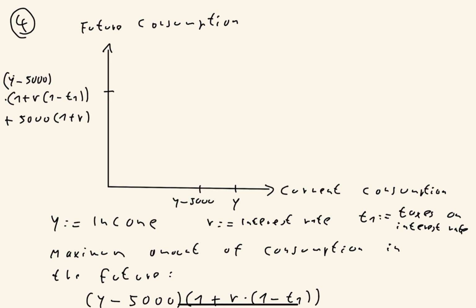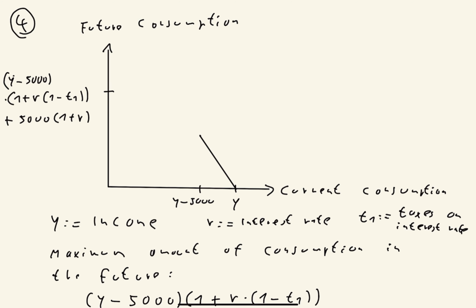I will try to draw it so that you can see it. Up to Y minus 5,000, the budget constraint will be steeper because in this area it's cheaper to shift current consumption to future consumption, to consume more in the future relative to the current situation.